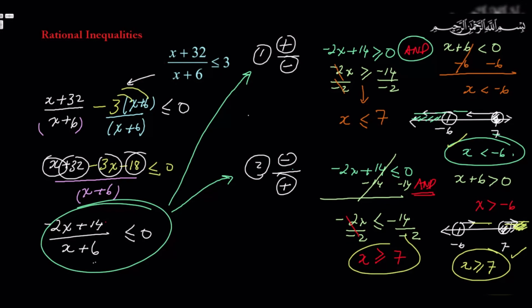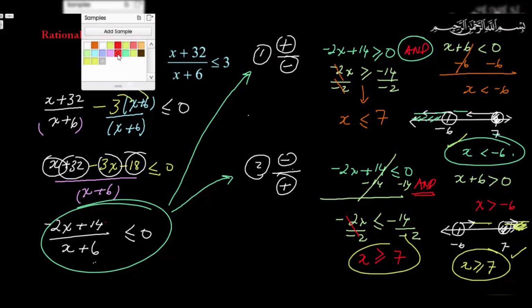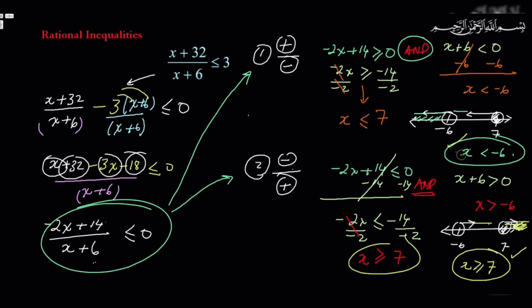So therefore, the final solution to the entirety of the problem is this and this. So the solution to this inequality is the set of numbers x, or x is an element of the following intervals. Now, how do we express this? Well, it starts from here and goes forever over here, right?